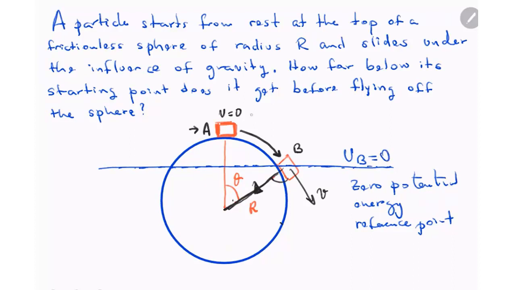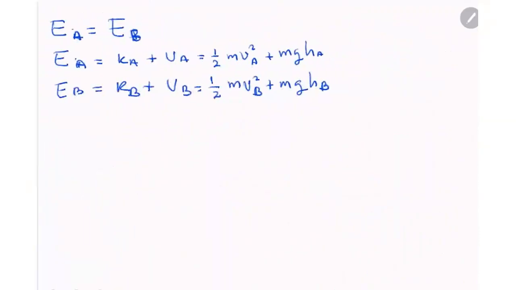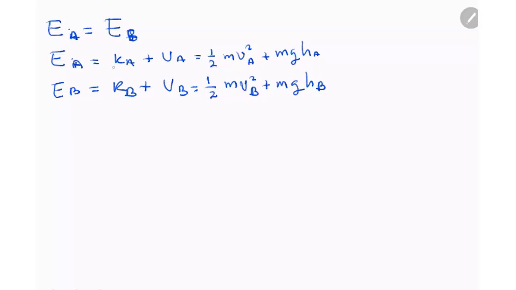And at this point, because the particle starts from the rest, the kinetic energy is equal to 0. Taking that information into account, we have this energy is 0 and this energy is 0.